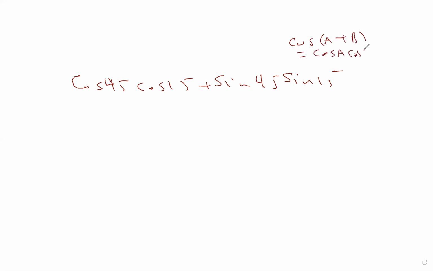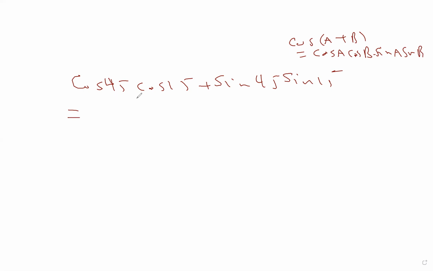Cosine 45 cosine 15 plus sine 45 sine 15. We already have the formula, which is cosine A plus B equals cosine A cosine B minus sine A sine B, and we can apply this formula in this relation.